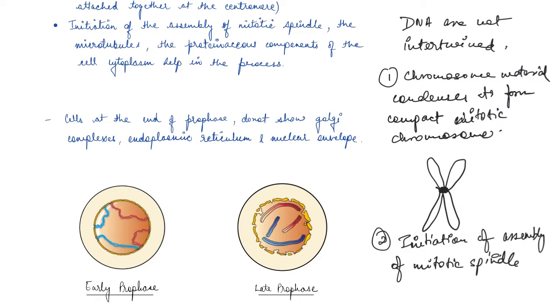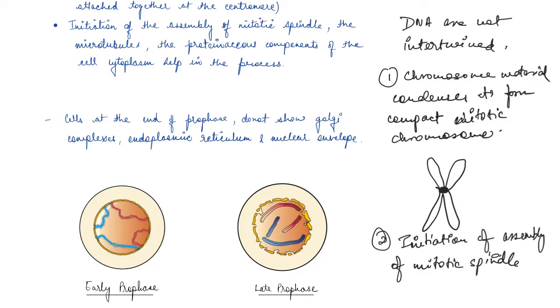The newly formed DNA molecules are intertwining, and by the time we reach late prophase, we can see distinct chromosomes formed, with two sister chromatids joined by a centromere. And one more thing, the nuclear envelope here has started to disintegrate.